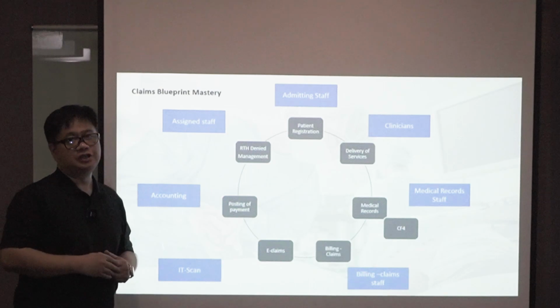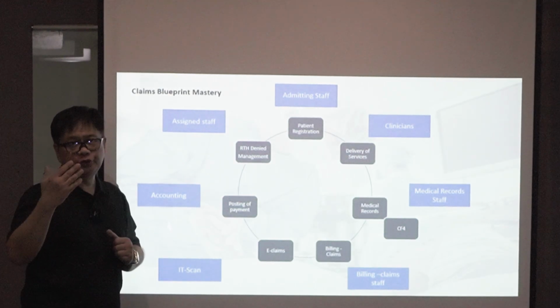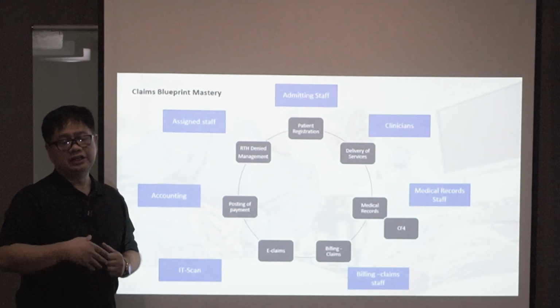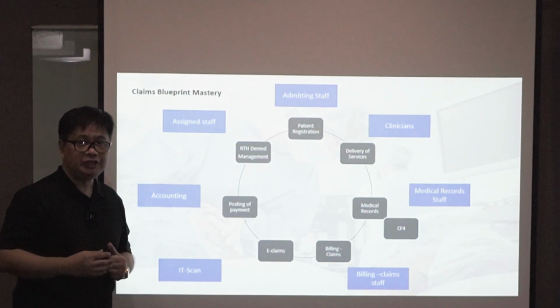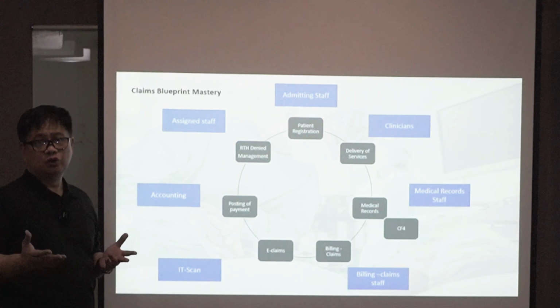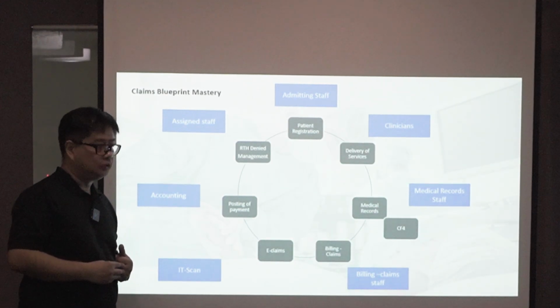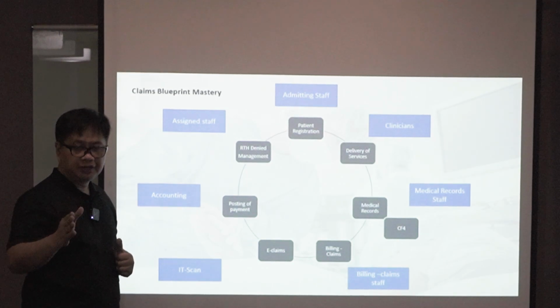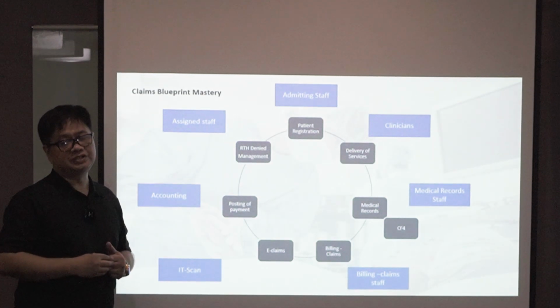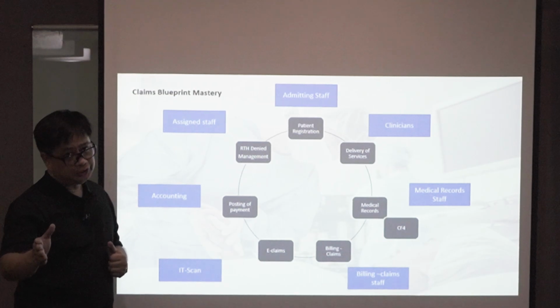Next, you need to invest in training. If you want your claims to be paid, you need to invest in training your staff. So the question is, who are the staff that I'm referring to? It's the entire claims blueprint. The moment you train your staff, it creates efficiency. From there, you need to monitor it.